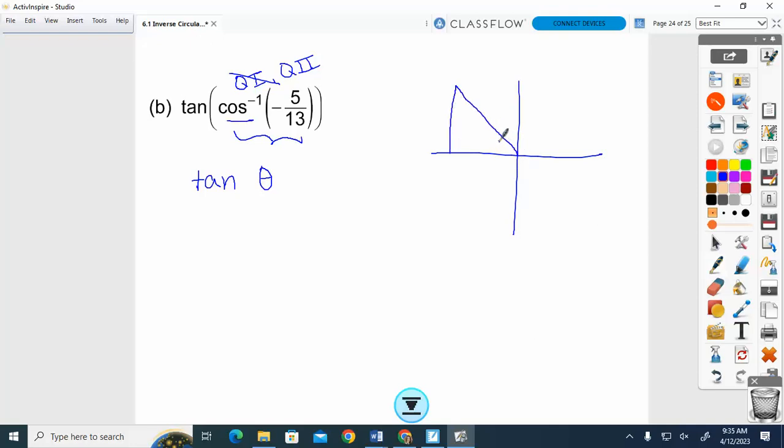We're in quadrant 2. We know that cosine of that angle is negative 5 over 13. Cosine is adjacent over hypotenuse. So find the missing side.